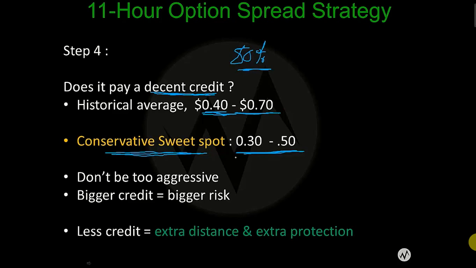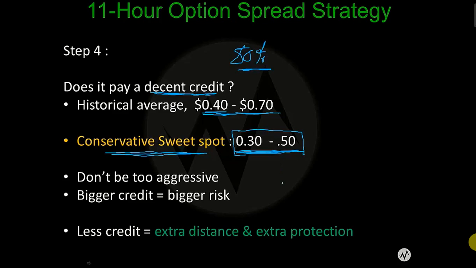Okay, we get a bigger credit. But if I'm being conservative, I'm looking between 30 and 50. There's sometimes you can get 75, 80 cents. I'll opt for the smaller number and move away from the short strike.